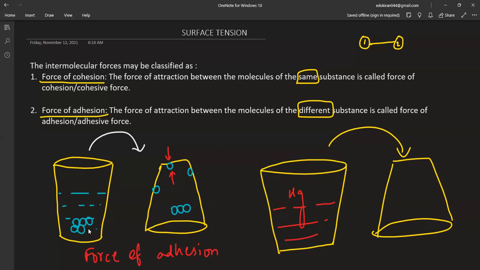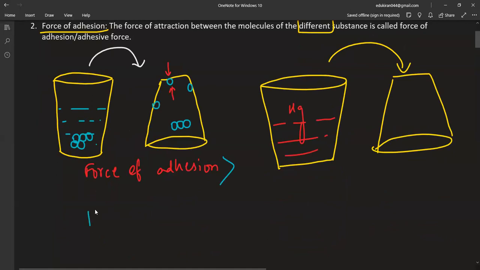But no, this doesn't happen, because in this case force of adhesion becomes greater than force of cohesion. This is between water and glass. Because of the strong force, some droplets stick.